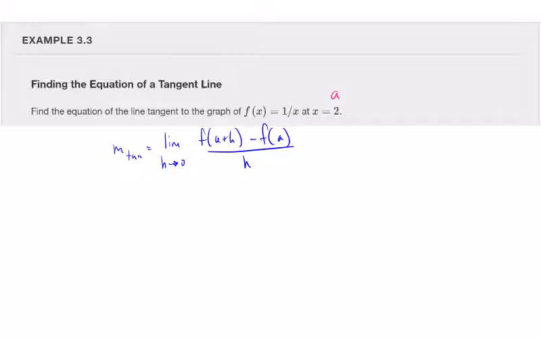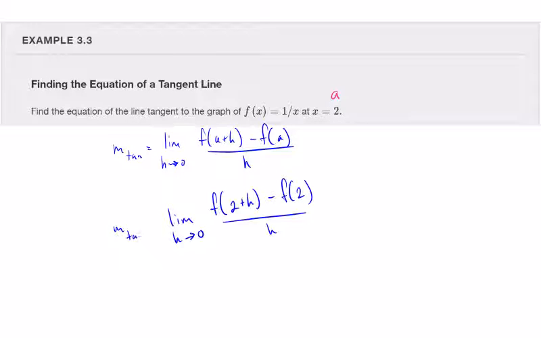Okay, and so first of all, if we plug in 2, we're going to get f of 2 plus h minus f of 2 all over h, right? So this is the specific version of our formula at x equals 2.